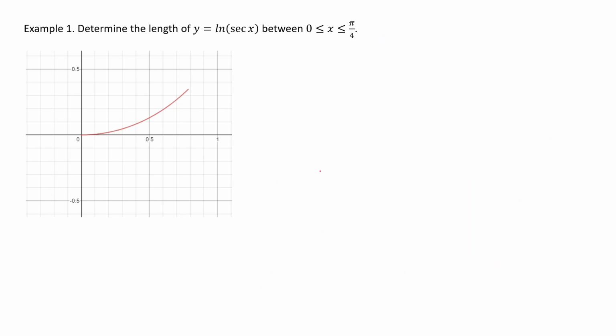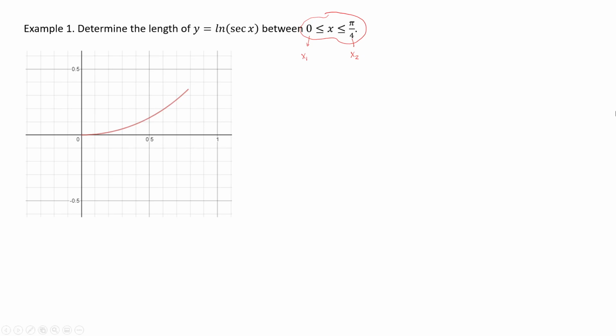Okay, so let's start with the problem. Again, I'm not going to show you how I graph this equation, but since you are given the limits, notice that you are given here the limits, starting from 0, going to pi over 4. So this one should be our x sub 1, and this one is our x sub 2.